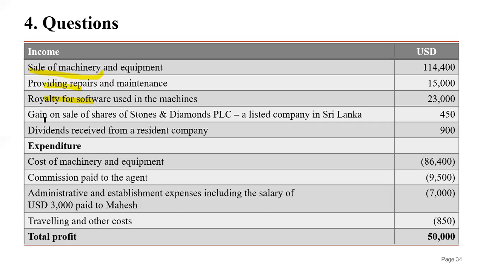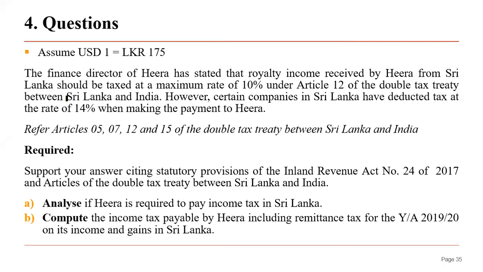And the investment part is the gain on sale of shares and a dividend. Royalties we are taking as business income because they are mainly business, and their license fees and royalties are taken under machineries.